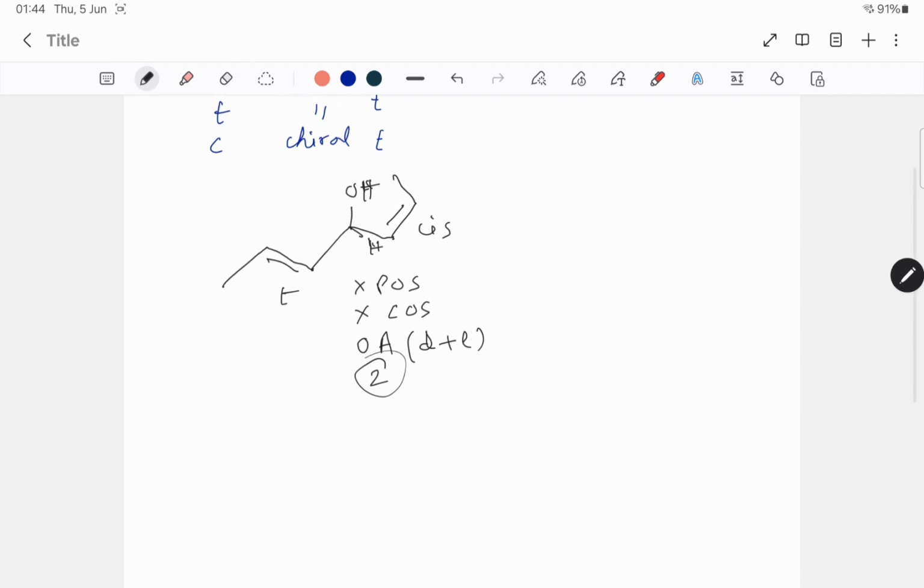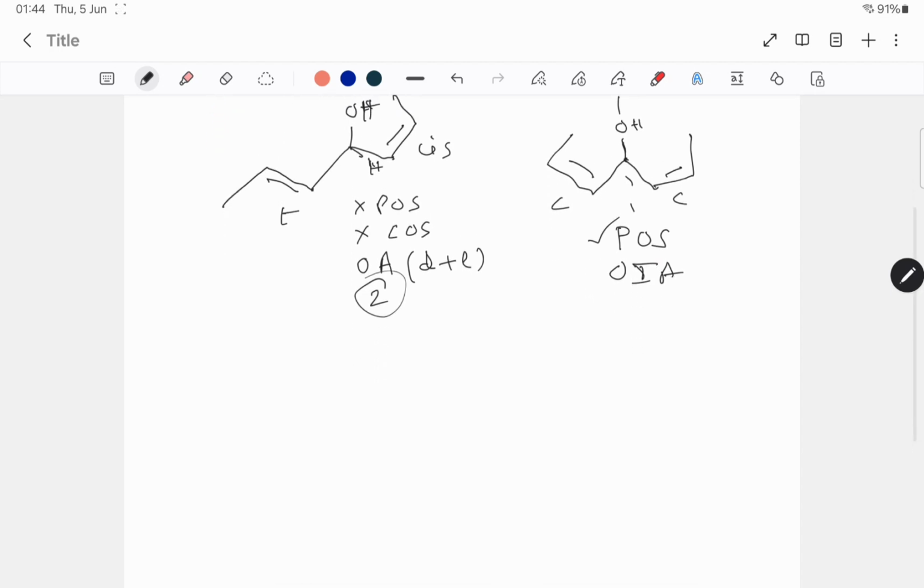Okay, now let us consider both sides being cis. This is quite simple. Now this carbon is actually not chiral. Both sides being cis, you can easily see that there is a plane of symmetry present, so obviously the compound is optically inactive.